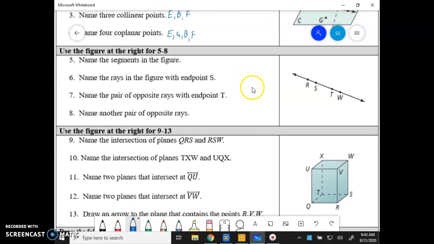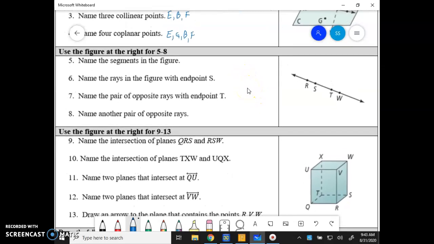All right, moving on. Name the segments in the figure. We can name a bunch of them. I probably won't name them all. A segment, we can use any of these, right? From point to point, we just have to label them correctly. So RS is one, and I'm not going to write the arrows. If you want to put dots on the end, you can. I don't think I'm going to be able to do that very well with this pad.